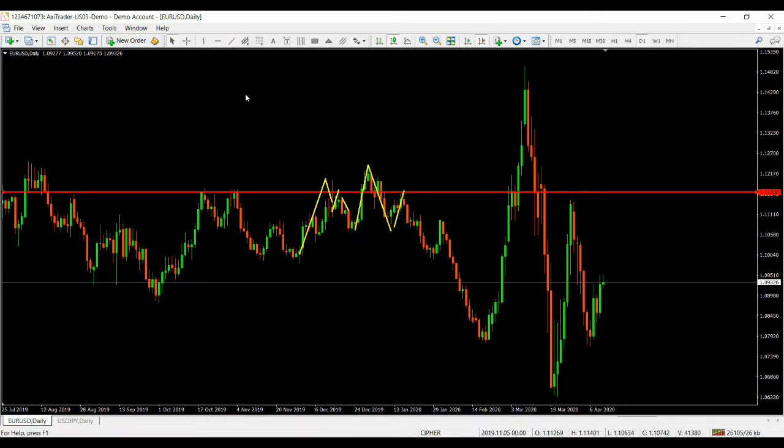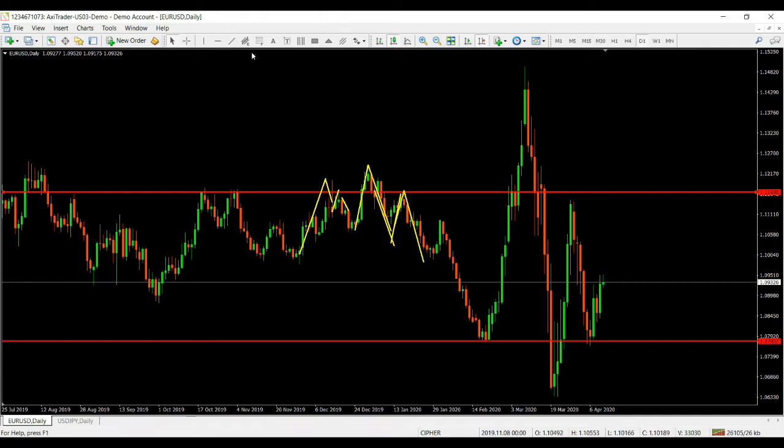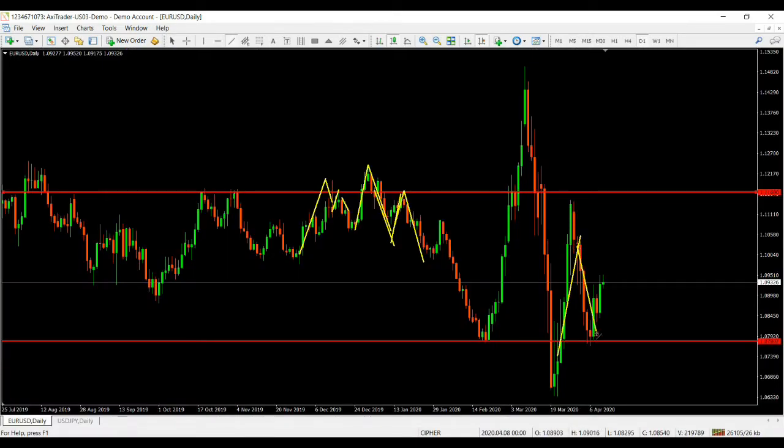Once it touches that area, okay, you can go for sell. The more it comes down in that area and goes up, the more likely it is to bounce back. Okay, same scenario here. The more price goes up and then comes to that area, the more likely it is to bounce. Okay, as simple as that.